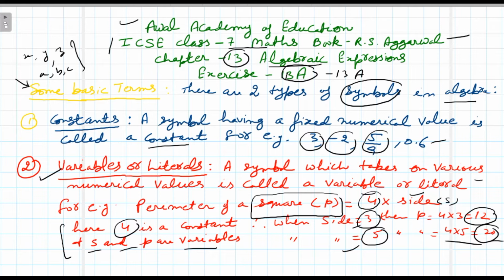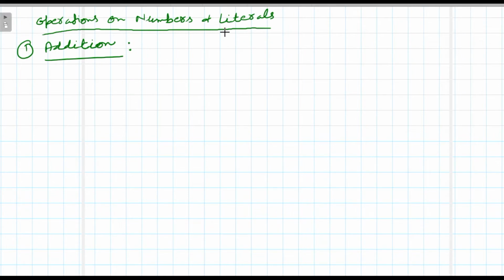Now we will move next in the algebraic terms. We can do operations like plus, minus, multiply, division on the algebraic expressions or literals, right? And numbers like we do in arithmetic. So first of all is addition.